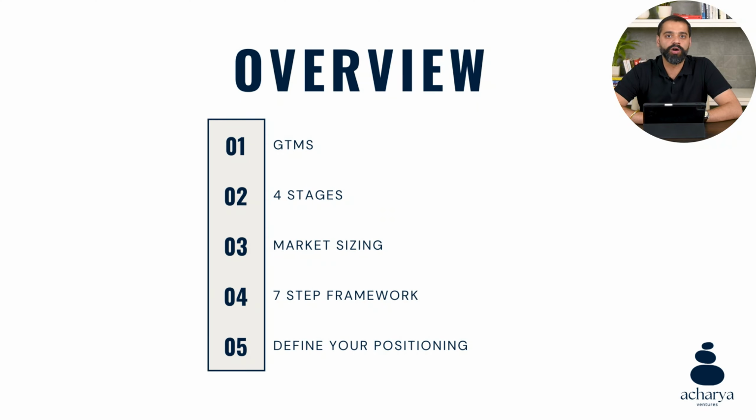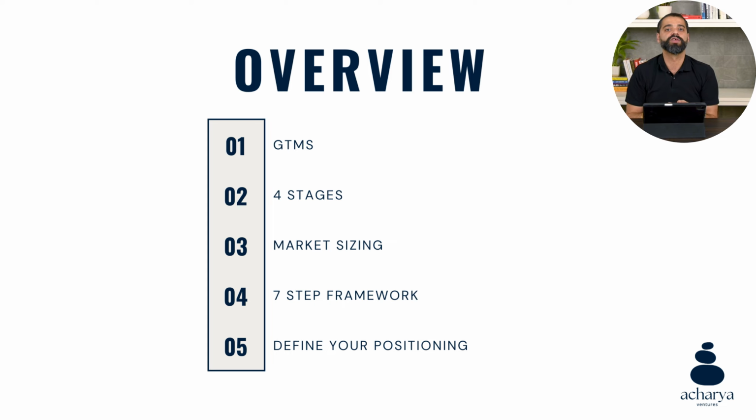Let's see what all we're going to be covering today. We're going to be covering the basic definition of go-to-market strategy. What does it include? What does it exclude? We're going to understand the 4 different stages where your GTMS is going to evolve. We'll cover the topic of market sizing, another very important topic, not just for your company and your product, but also as a very important question that your investors are going to ask.